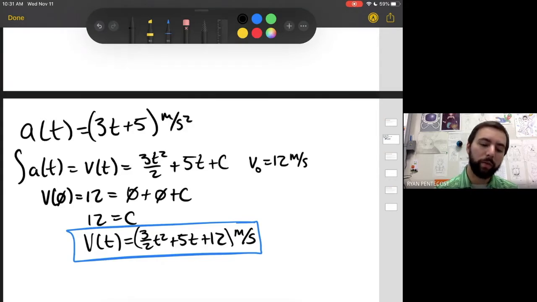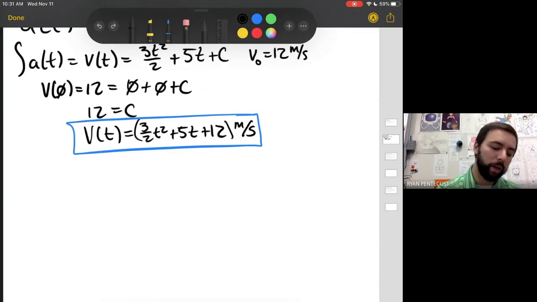So for example, if we look up here, we have 3t plus 5. That tells us that the initial acceleration is 5 meters per second squared. And then with every second after that, it increases by 3. So that's what that tells us.